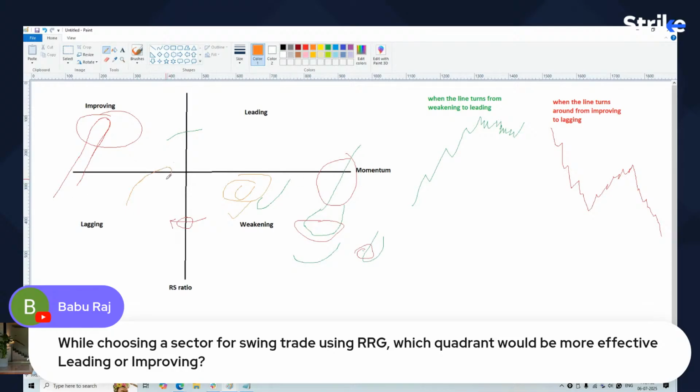Here, the risk is that if it goes and turns around, that is where the risk is. But sometimes this is going to break into the leading quadrant, which we don't know right at the start, but we try to spot the turnarounds. So this can be more rewarding, especially if it breaks into leading, because that's where you literally caught it when the turnaround was happening.